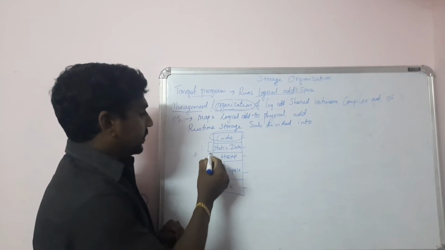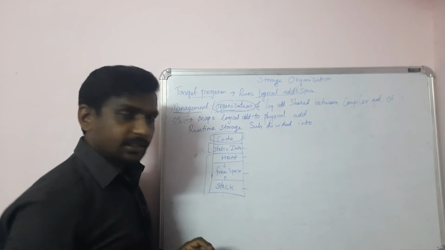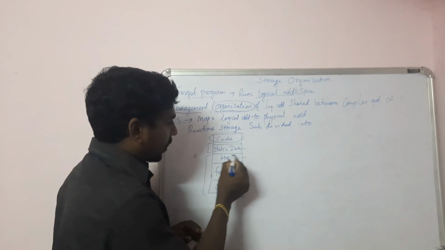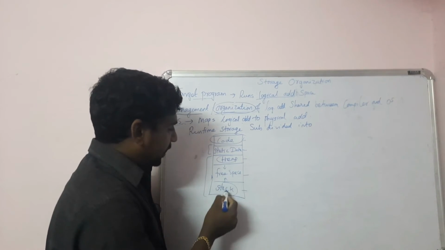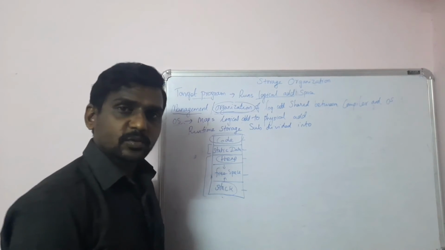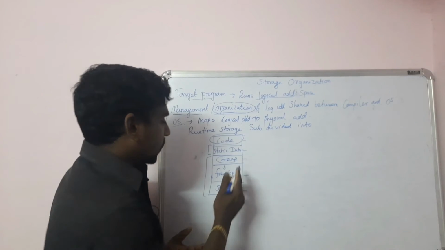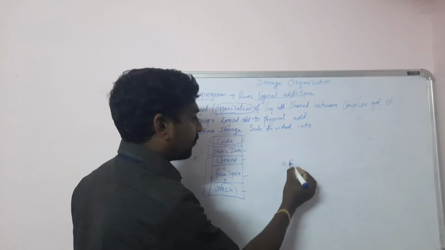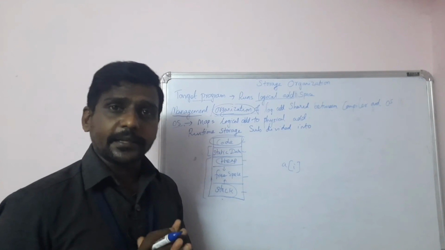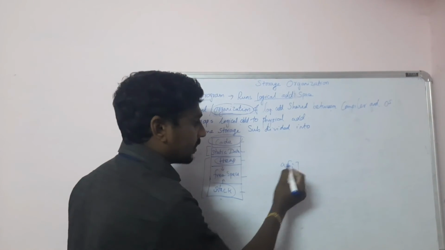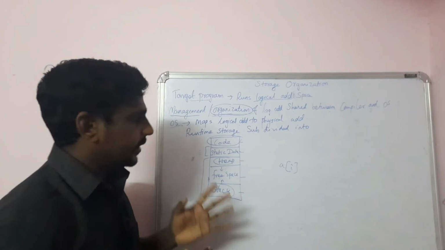And these are the dynamic data, that is heap allocation and stack allocation. In between heap and stack, there is a free space. Why is the free space needed? Suppose you are giving A of I. We cannot allocate this statically, because the I value is known during runtime, not at compile time.